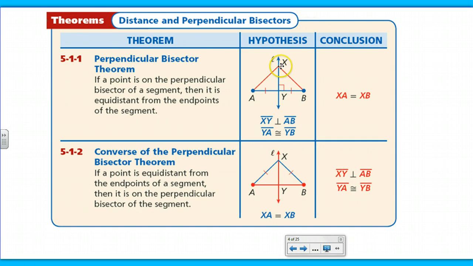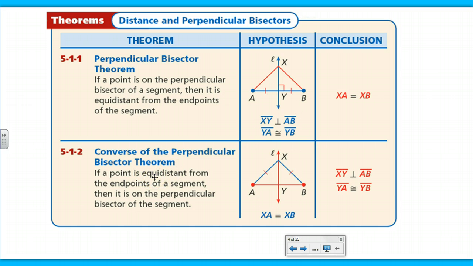So point X here is equidistant from the endpoints A and B because line L is a bisector. We know that due to these little symbols that tell us that AY is congruent to YB, right? So X is on this perpendicular bisector, equidistant from the endpoints A and B.